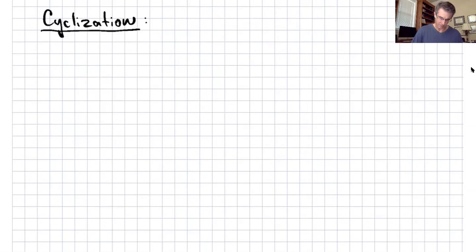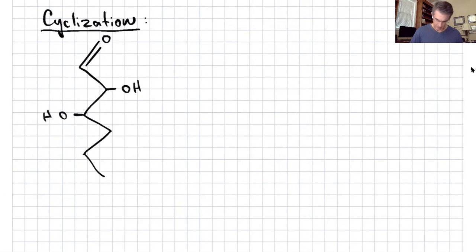Oh, geez. Look at me. I'm so sloppy today. Okay, so here is our D-glucose, assuming again that we got the stereochemistry right on that carbon alpha to the carbonyl group.